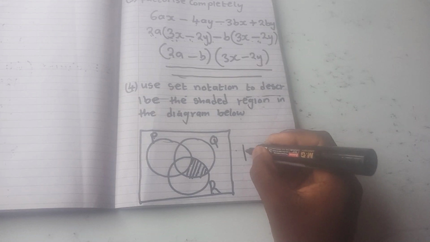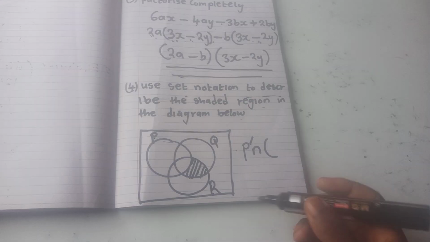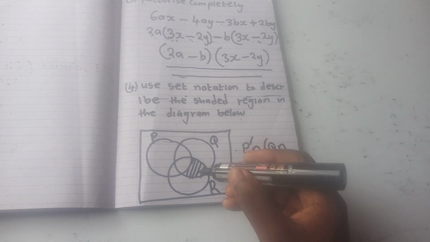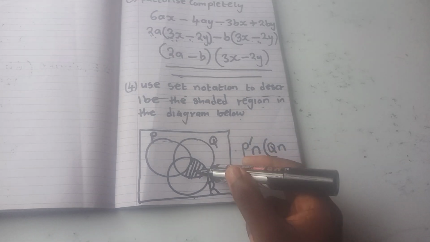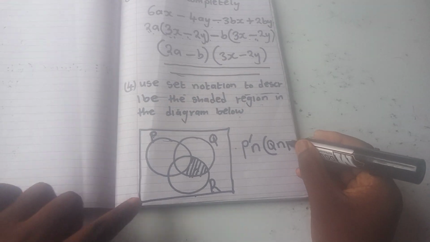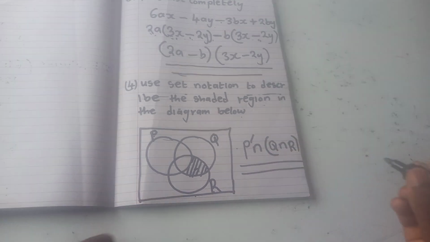So you say P complement intersection, open. You check. You say Q intersection, this is the intersection where they meet for Q and R. Intersection R. So this is how you describe this question.